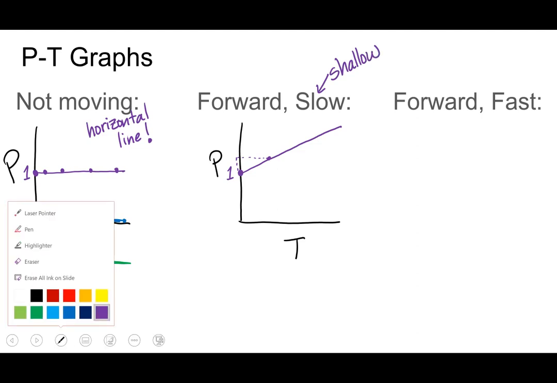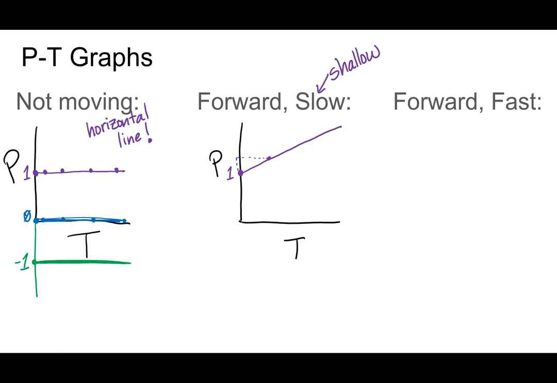If I started at the origin, so let's say I was at the tree in the very beginning, and I was going slowly forward, I would still be increasing in position, but in a very shallow way, like so.